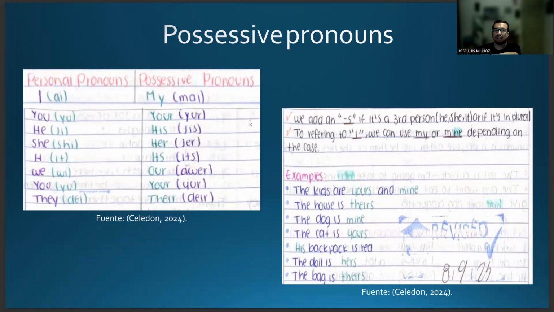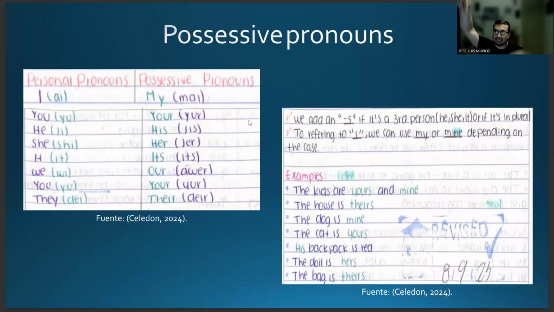This is hers. It's our, your, their. Okay, it changes like that. On the right side, we add an S if it's third person, if you are using he, she, or it, or if it's plural. For I, we can use my or mine, depending on the case.